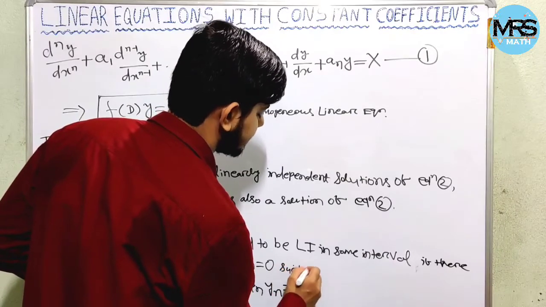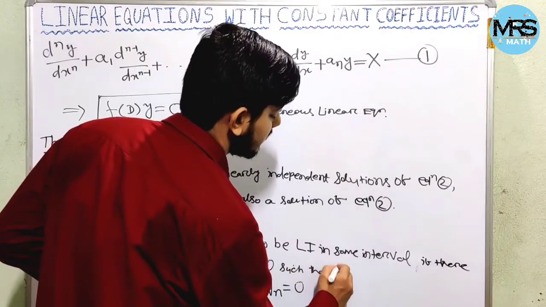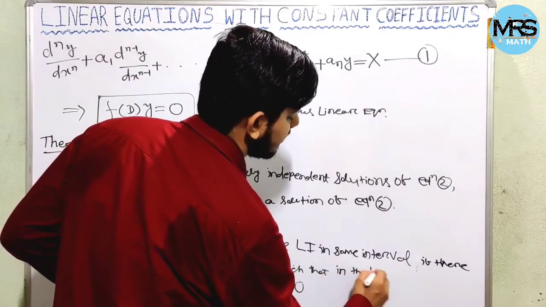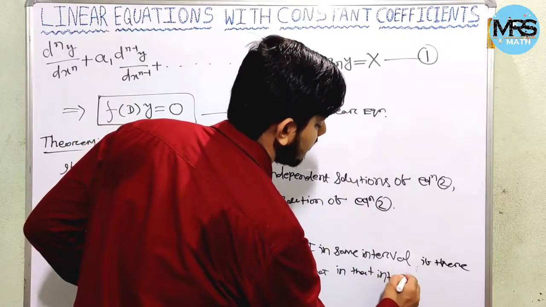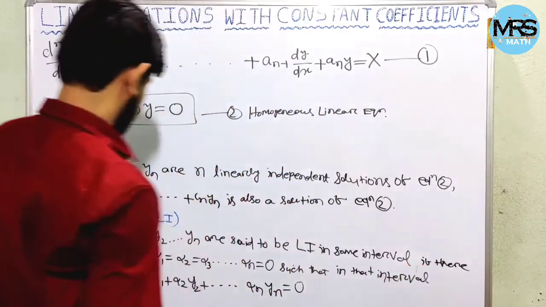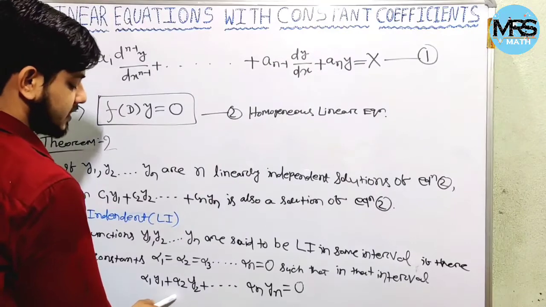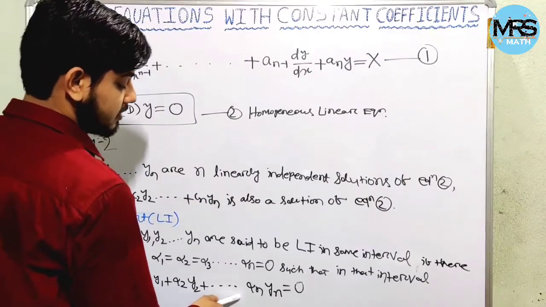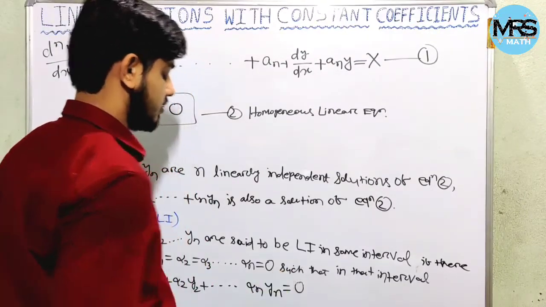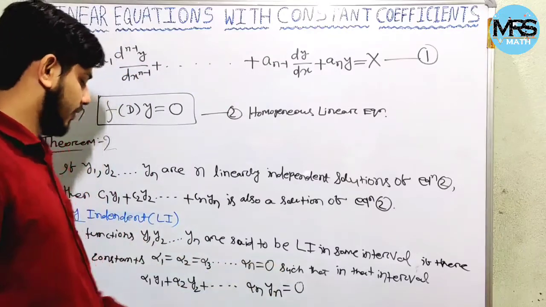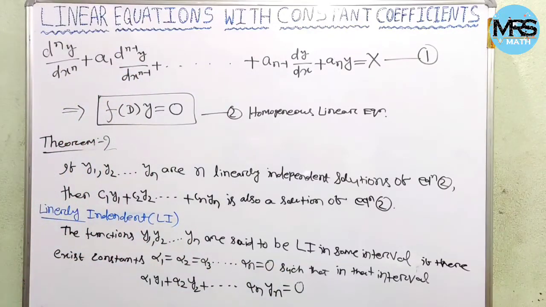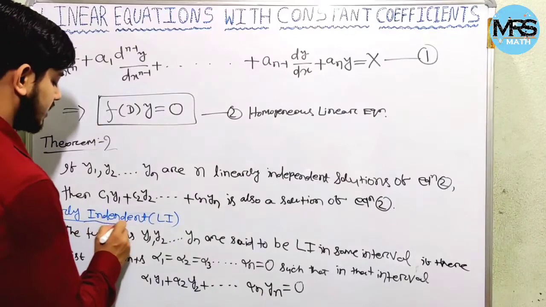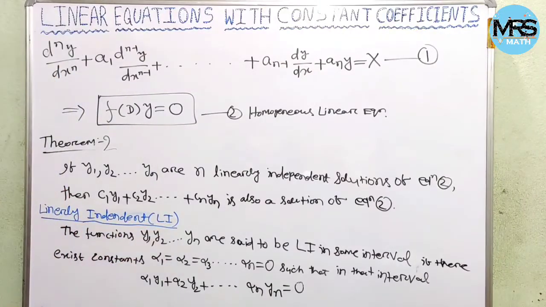such that in that interval alpha 1 y1 plus alpha 2 y2 plus up to alpha n yn equal to 0. Then we will say that the functions are linearly independent.